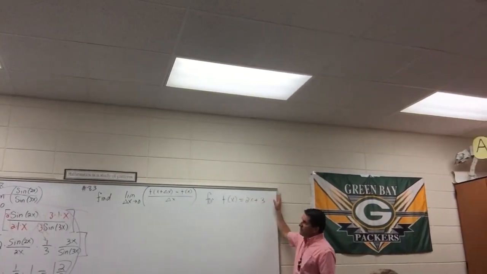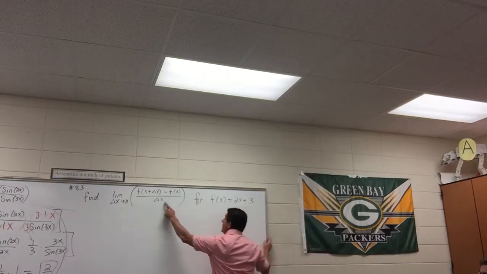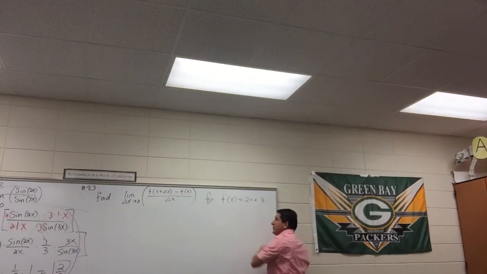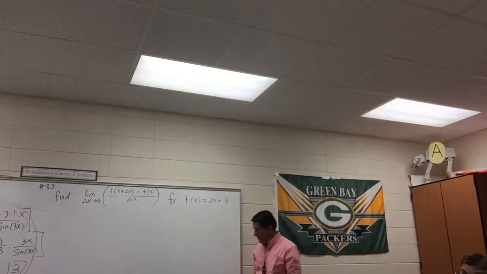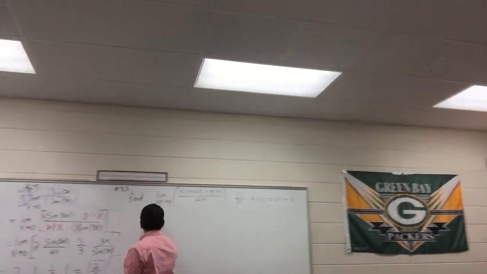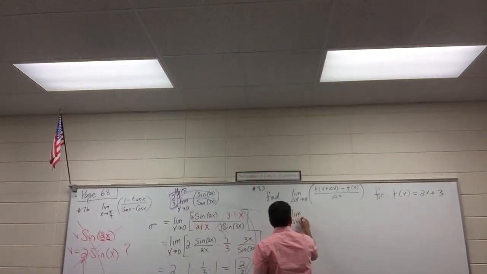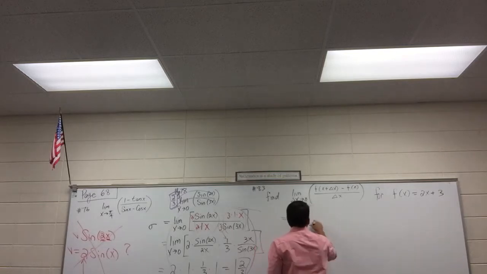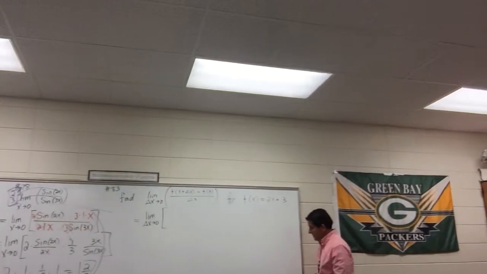So next problem, 83 says find the limit as delta x approaches 0 of this big blob if f of x is equal to 2x plus 3. Okay, so let's go do it. To find the limit, we just start right at it. Limit as delta x approaches 0 of. First thing it says is to find f of x plus delta x.